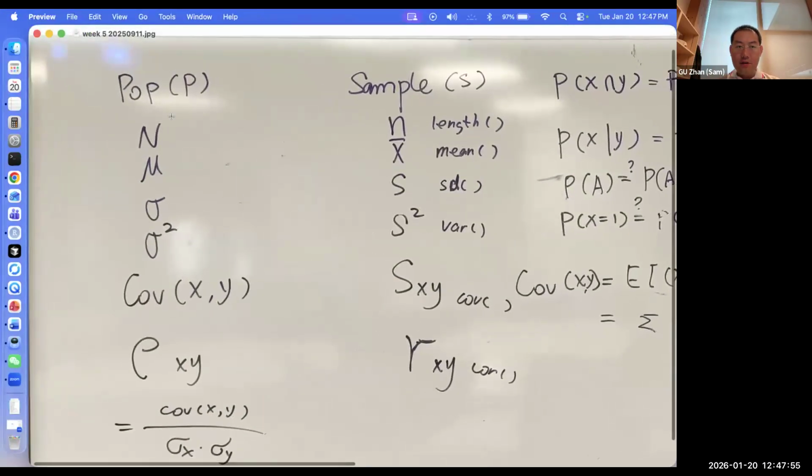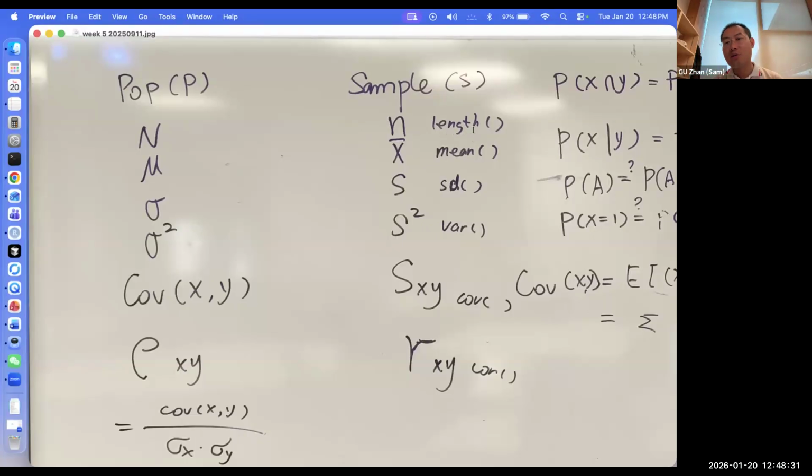Here on the left side you have population, P, and on the right side the sample, S. The size of the population is uppercase N, big N. Then the sample size is lowercase n. Recall that a few weeks ago, in week 1, we said the size of the sample space, N, is the number of outcomes in the sample space.